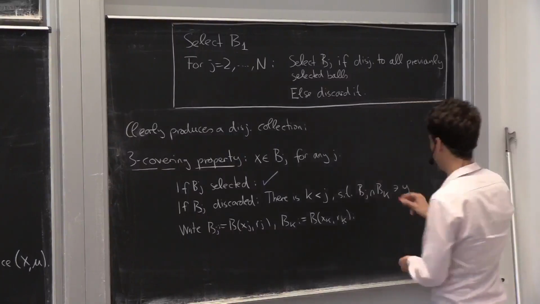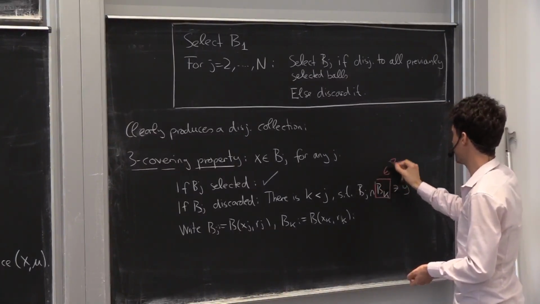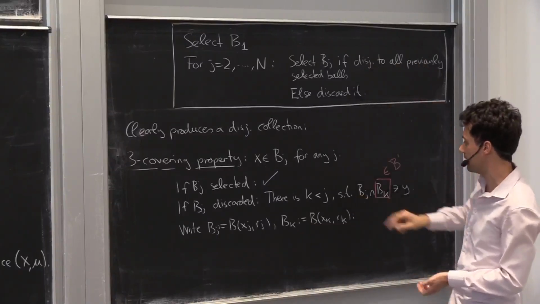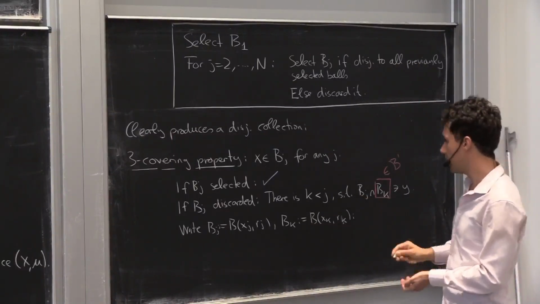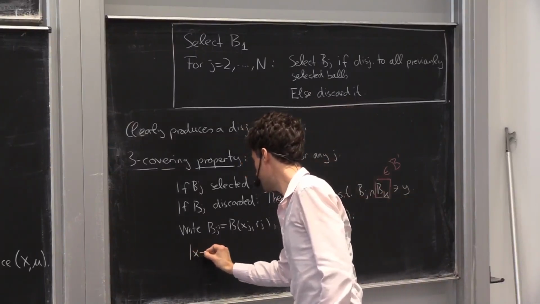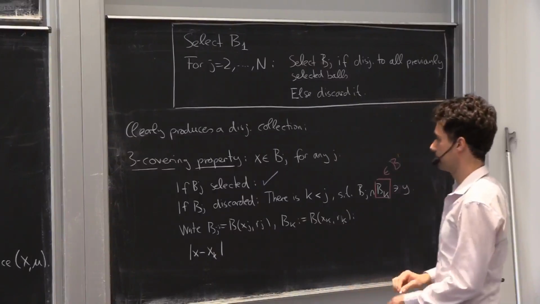Okay, I should add that here. And this ball here has been selected, because it was one of the things that has been previously selected and the check failed. Okay, so I need to check the distance of x to xk.